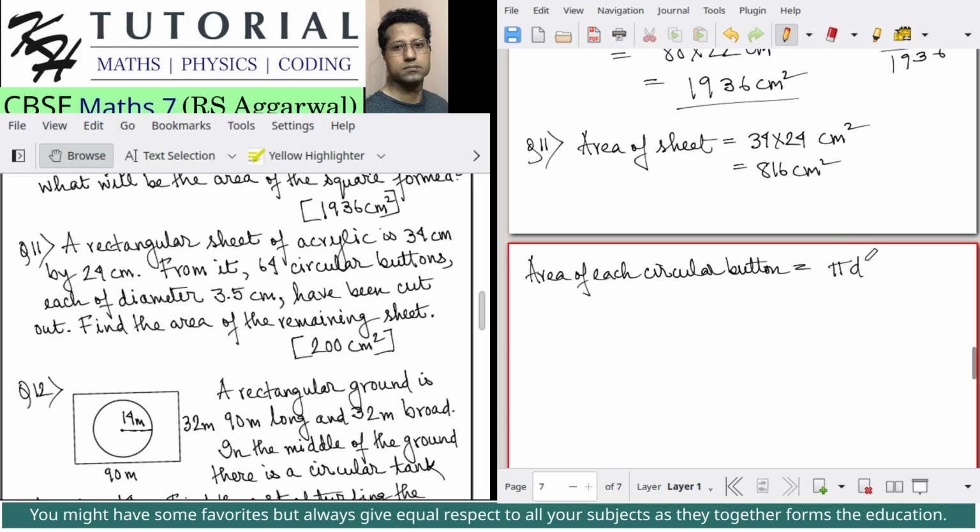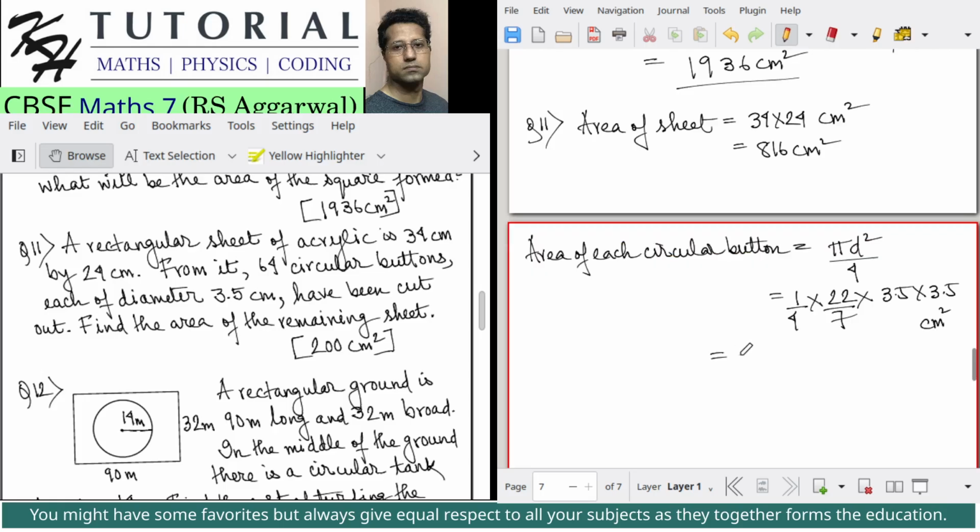So this is equal to 1 by 4 multiplied by pi, which is 22 by 7, multiplied by d square. The diameter of each circular button is given to be 3.5, so 3.5 multiplied by 3.5. This much centimeter square is the area of each circular button.